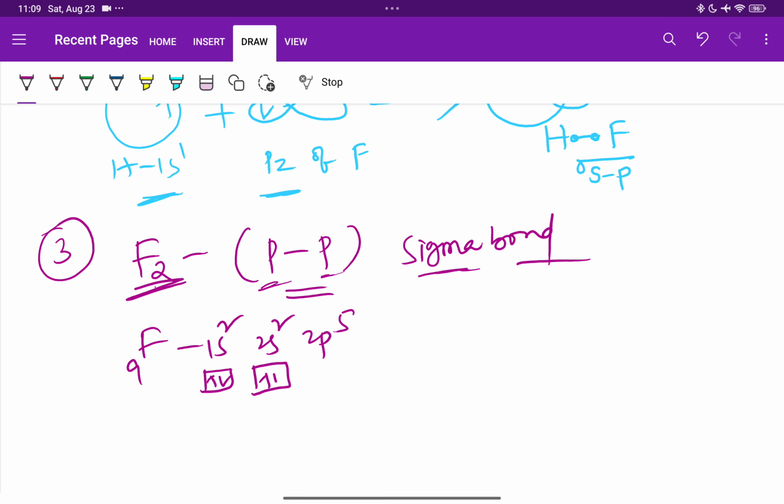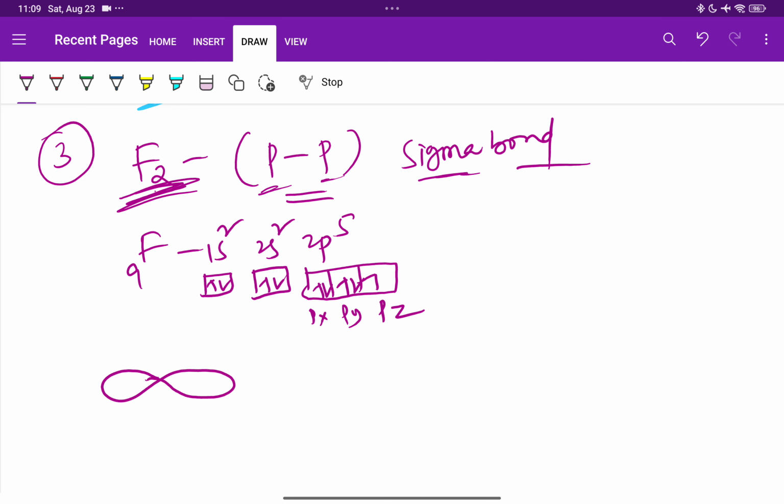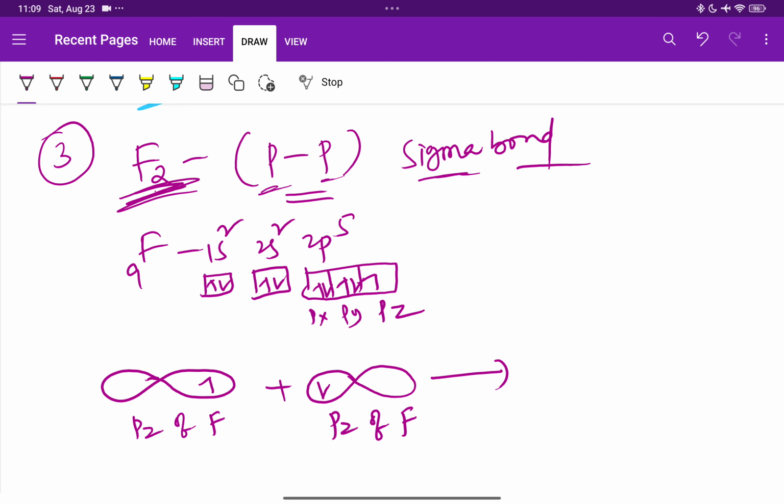Same unpaired electron you will get in the pz. So px filled with 2 electrons, py filled with 2 electrons, but in the pz unpaired. So F2, two fluorine atoms, pz orbitals I am taking. This is pz of one fluorine. This is pz of another fluorine. So here end-end overlapping.